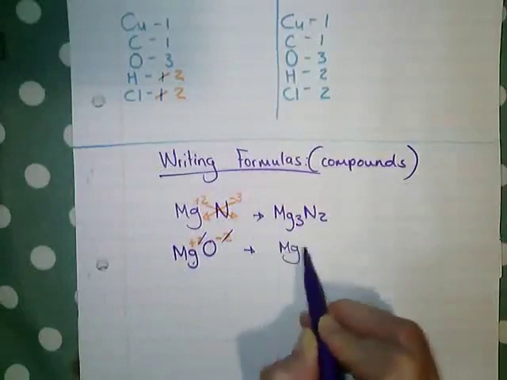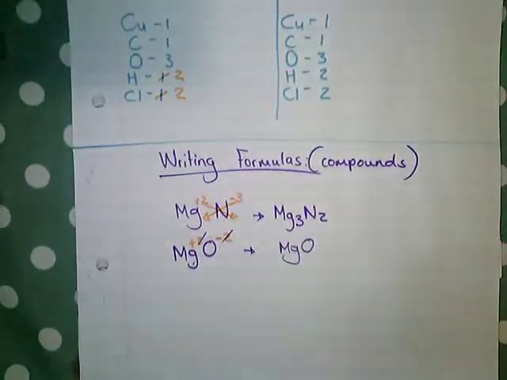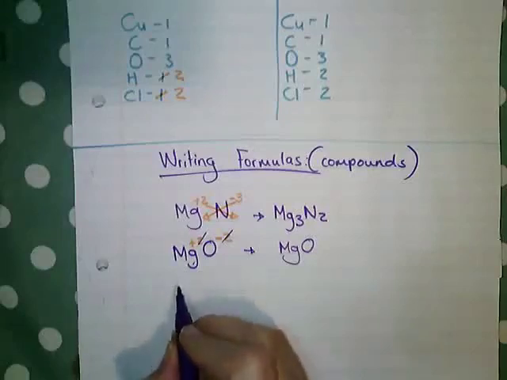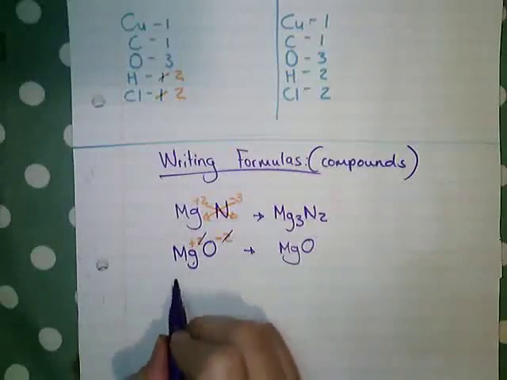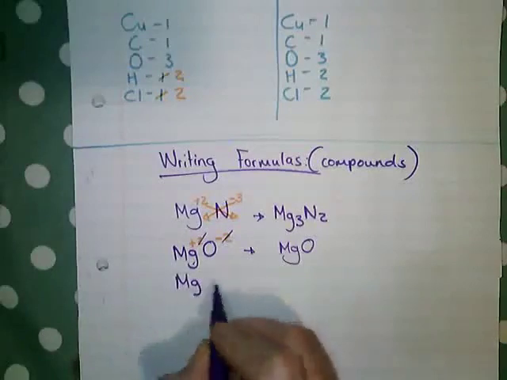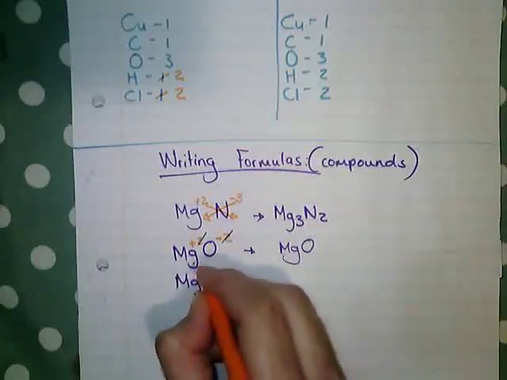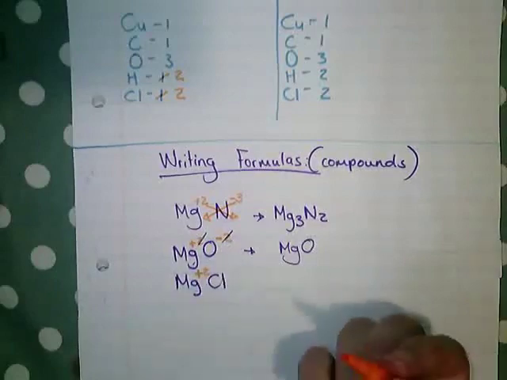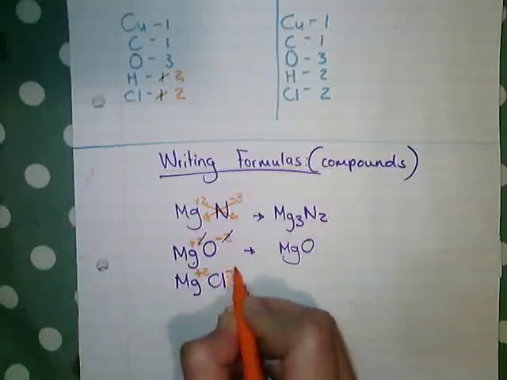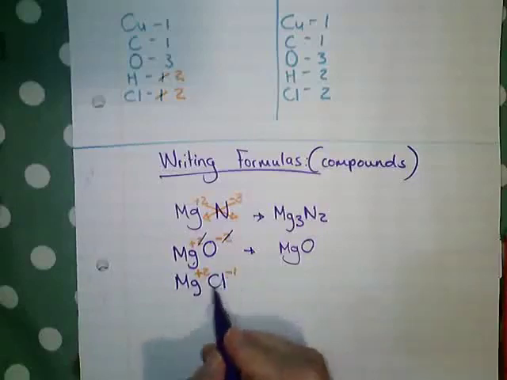Third thing is if we have something with a charge of 1, let's say magnesium with chlorine. Magnesium has a charge of +2 because it's in group 2. Chlorine is in group 7, so it's -1. Now we want to cross over these numbers, but we never write a 1.